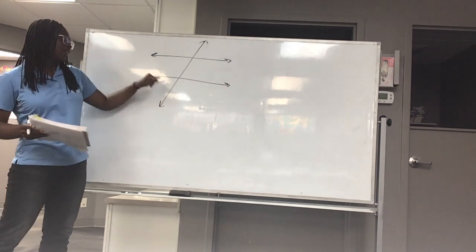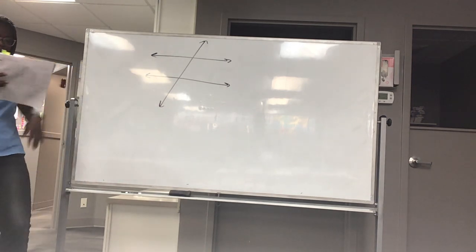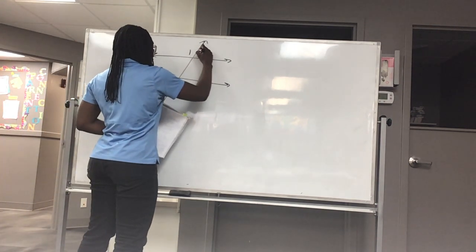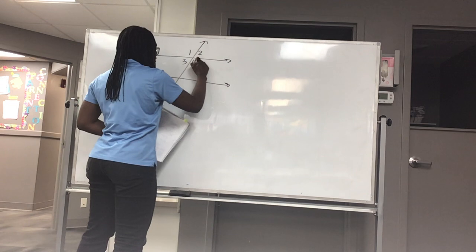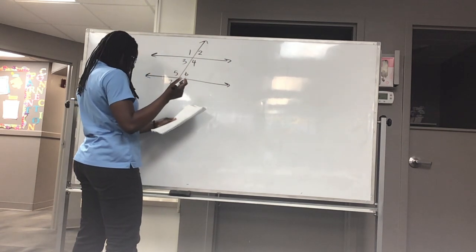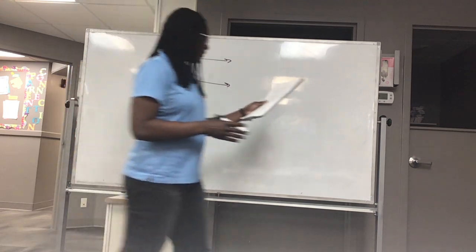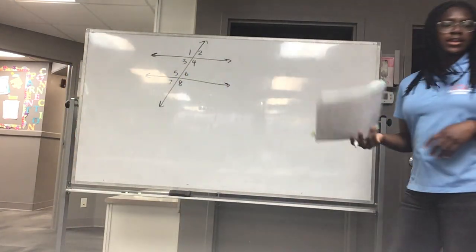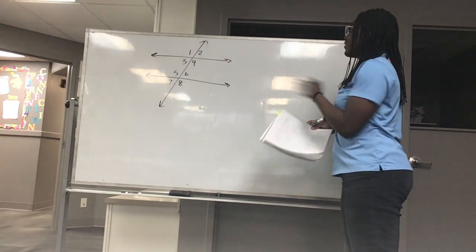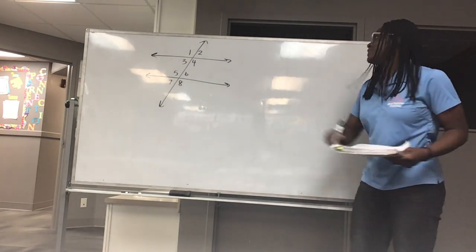So it's intersecting like here and here, and then these are my parallel lines. So if I were to label just the angles, we're just gonna classify some of these angles.